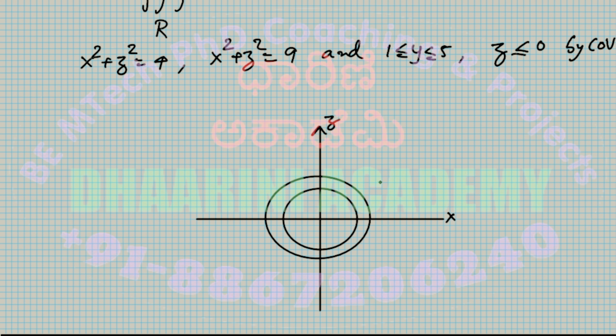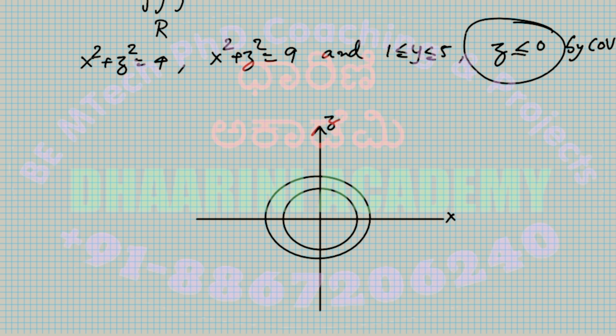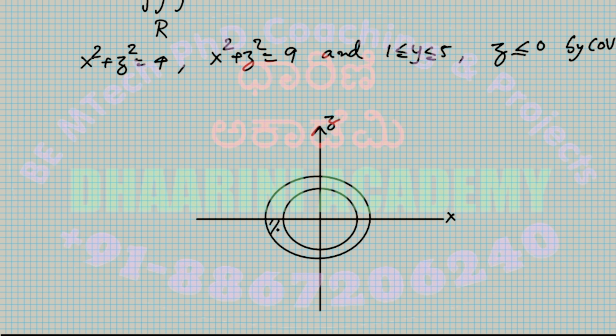So this is this, and they say one more condition. You see, Z is less than 0. That means the two circles which you are going to consider are below, in the third and fourth quadrants. This is only this portion they are interested in.